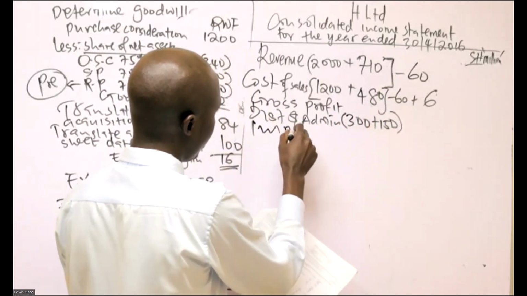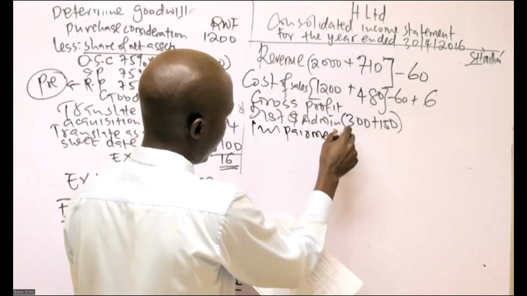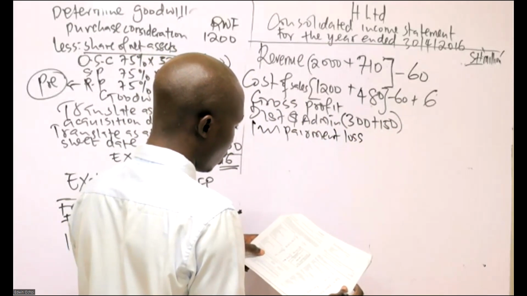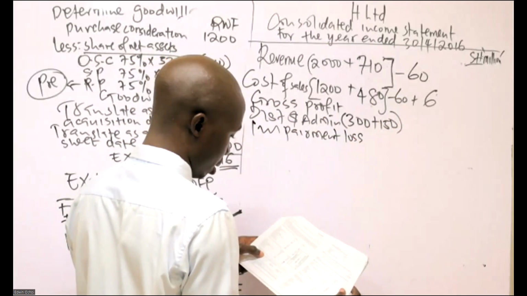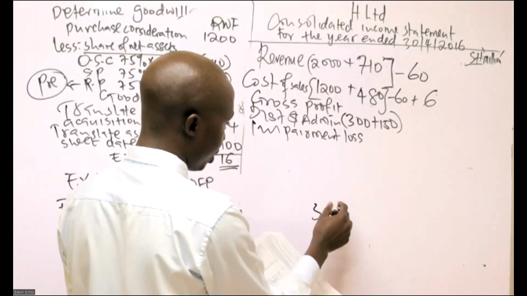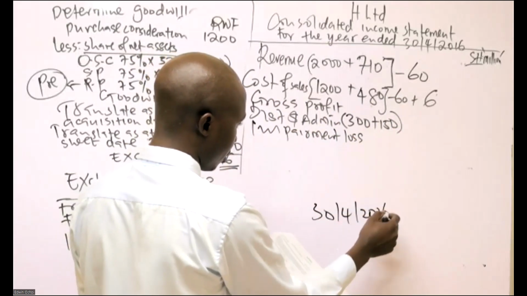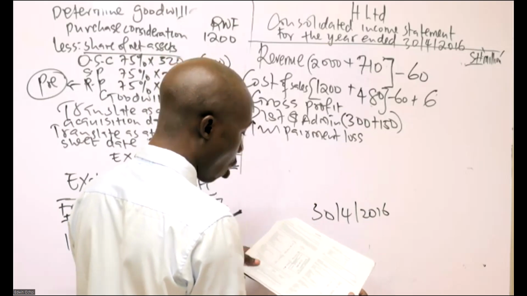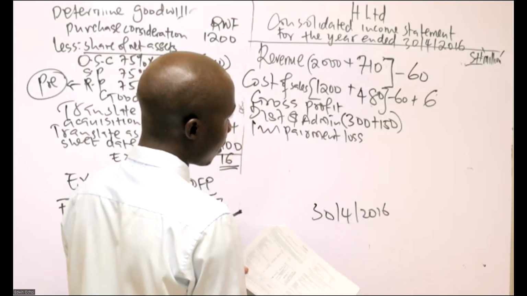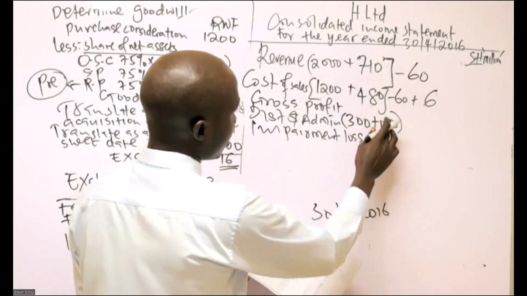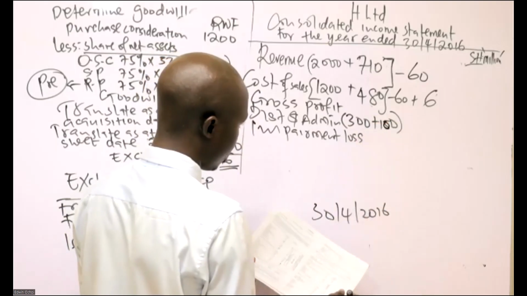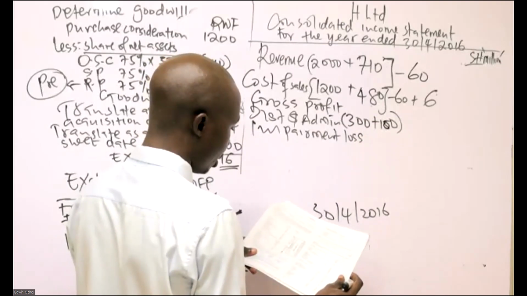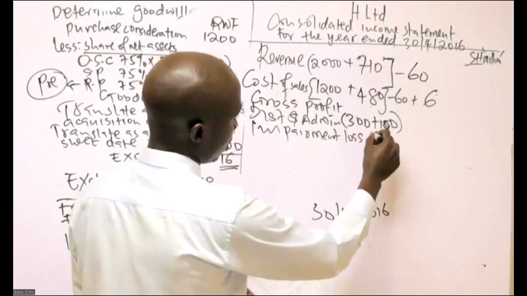And if there is impairment you introduce it here. In note 1 you were told that goodwill is reviewed for impairment annually. As of 30th April 2016, the impairment is 42. Distribution cost is 100.